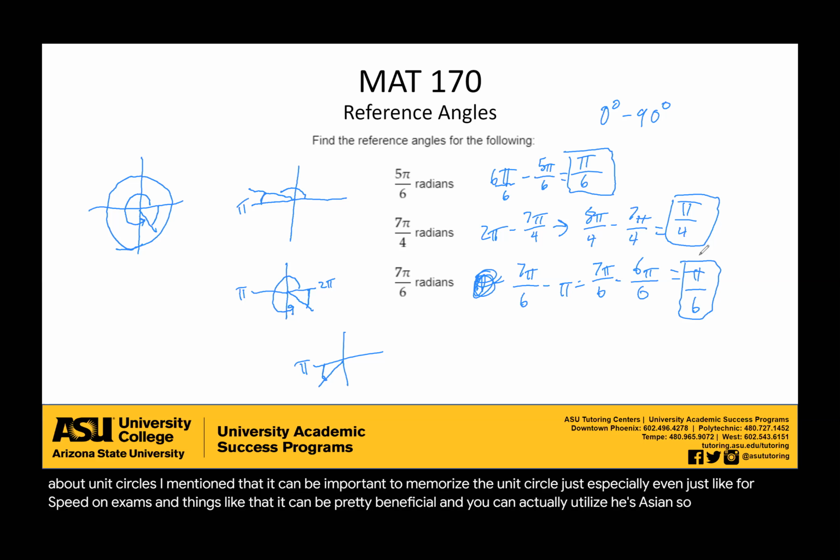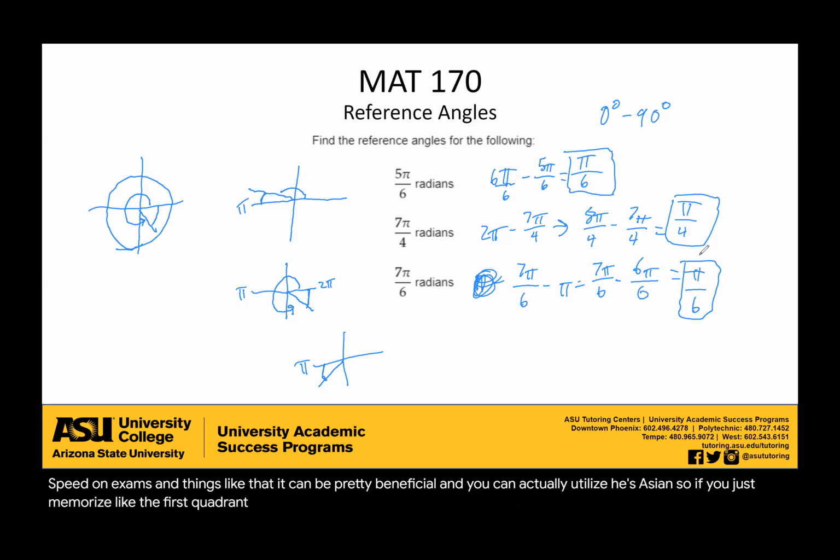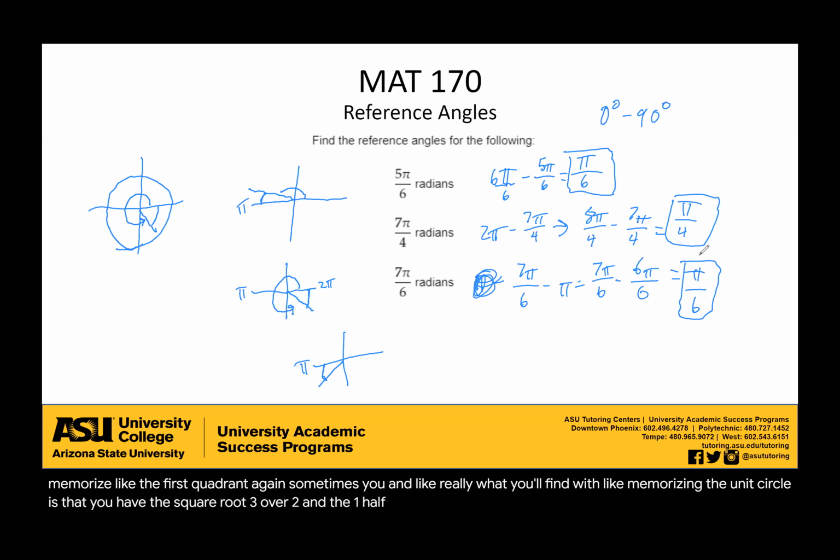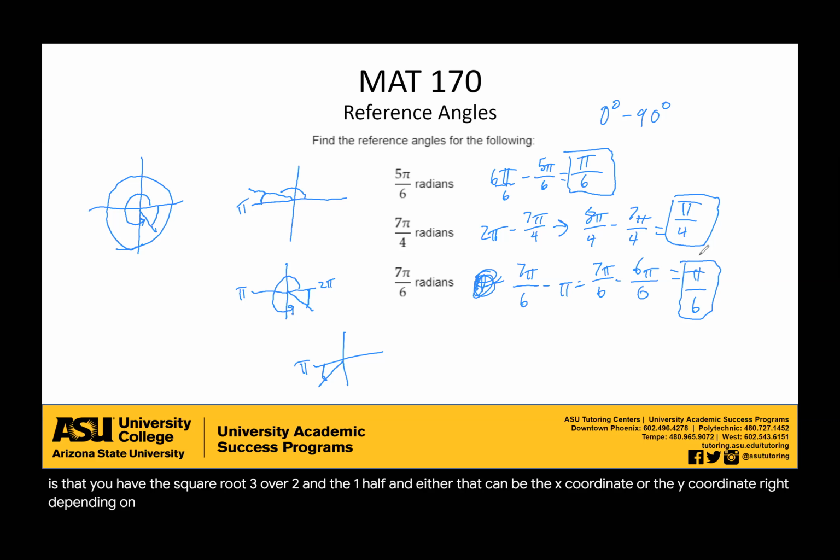What you'll find with memorizing the unit circle is that you have the square root 3 over 2 and the 1/2, and either can be the x coordinate or the y coordinate, depending on which angle you're looking at.